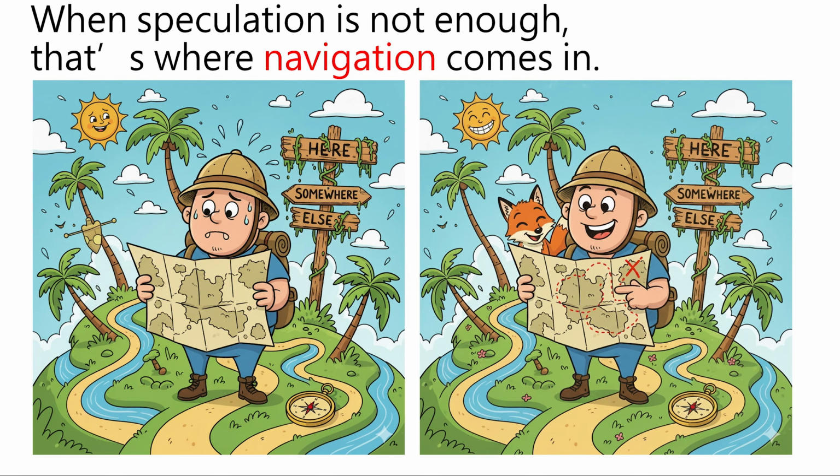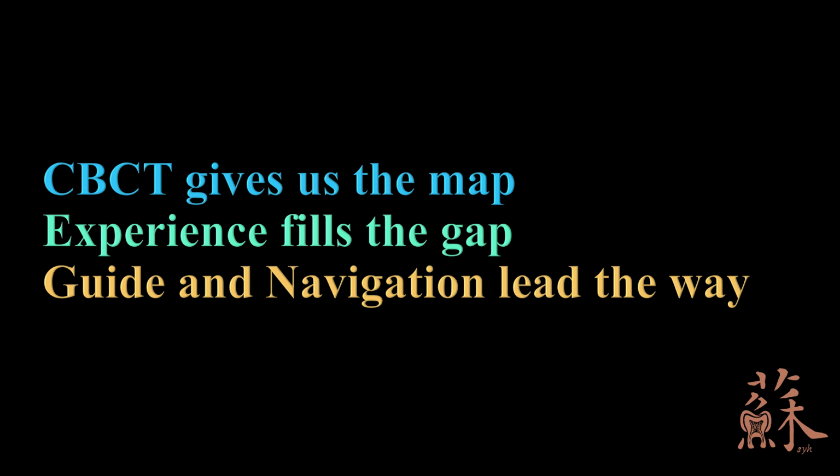The navigation shows the way. So this is my opinion: the CBCT gives us the map, and the experience fills the gap. You see the CBCT and you try to use your experience to find the canal. And if that is not enough, the guide and navigation is the way. So that's where the navigation system comes in.